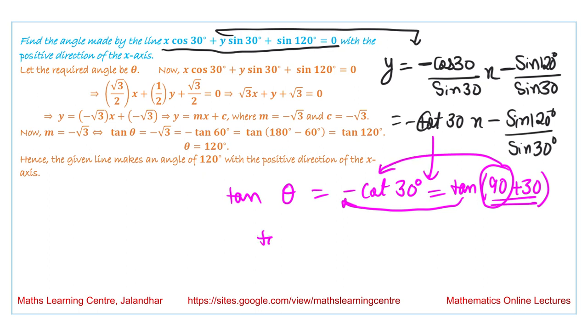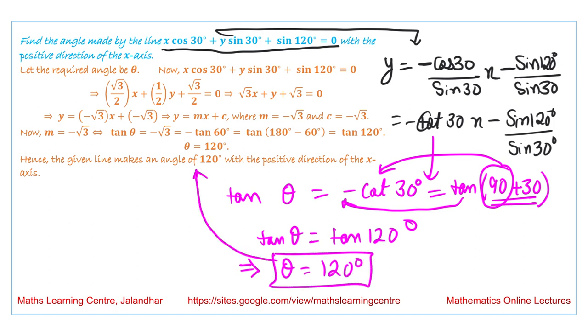So we are getting tan theta is equal to tan of 120 degree. This implies that the value of theta is equal to 120 degrees. So the given line makes an angle of 120 degree with the positive direction of the x-axis.